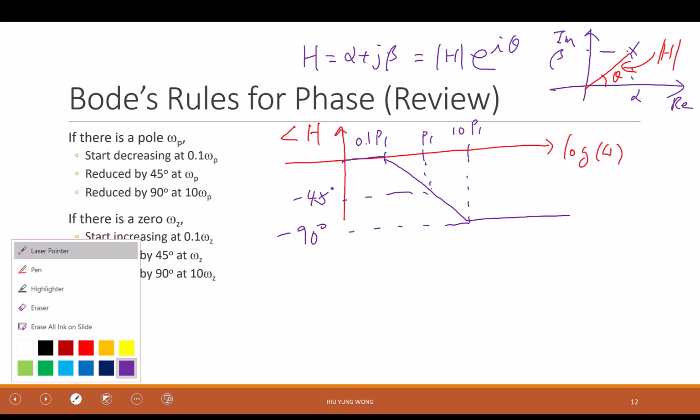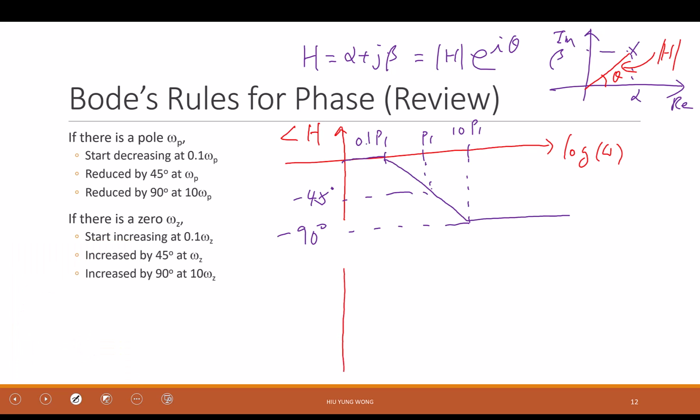So similarly, it's easy to memorize. If you have a 0, what will happen to it? Can you guess, actually? Let's say I have a 0 here. What will happen to the phase, the angle of this transfer function? It will go up, starting where?